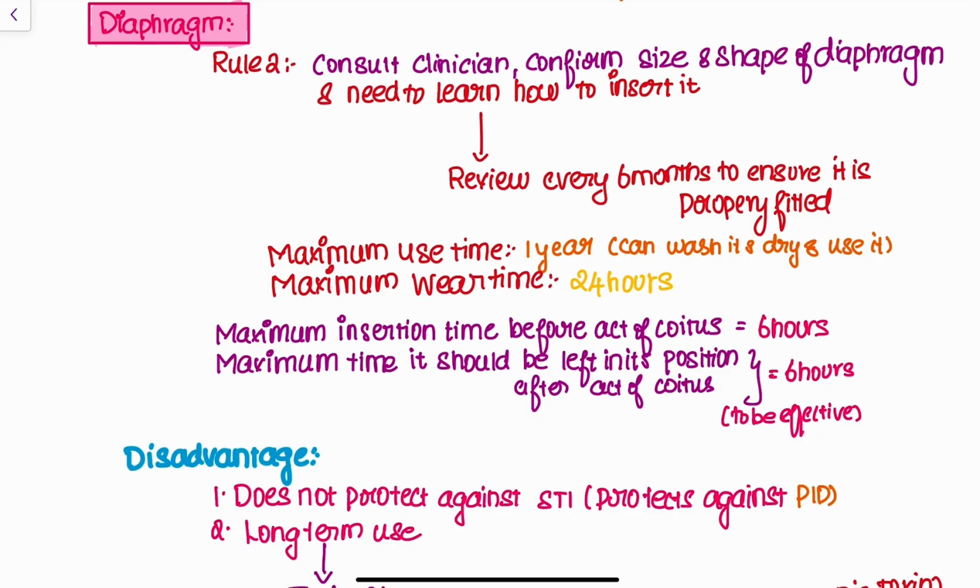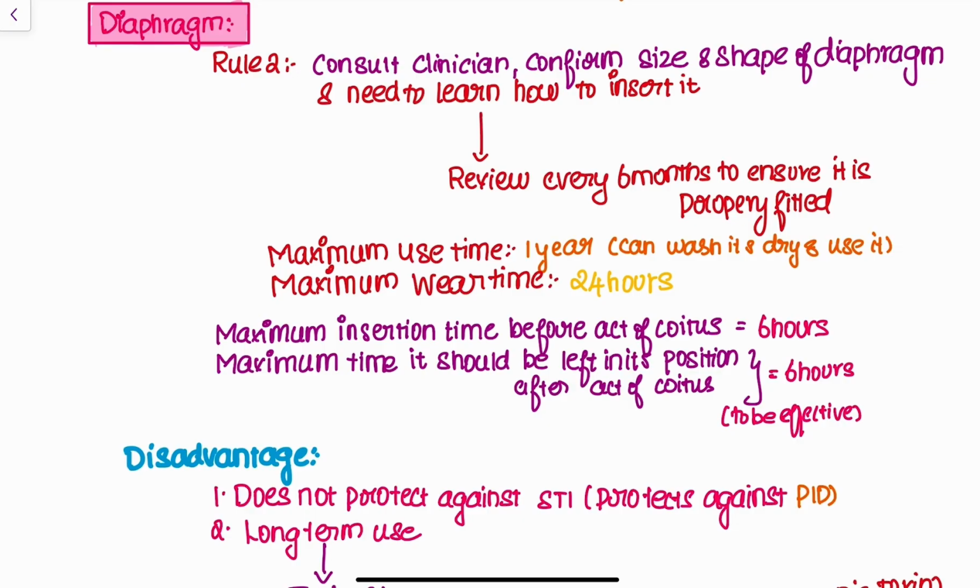Right? Now you may have a doubt: similar to the male and the female condom, when am I supposed to wear this diaphragm before the act of coitus, and when am I supposed to remove it after? The maximum insertion time before the act of coitus is 6 hours.